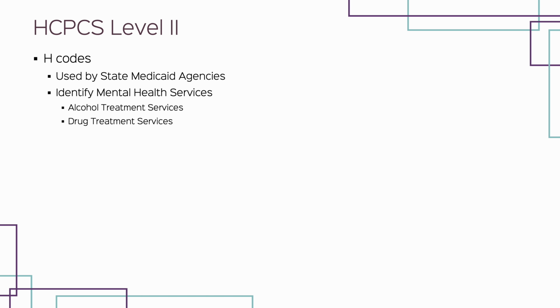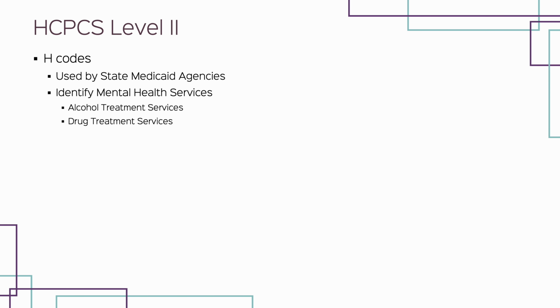Now, let's take a look at your H codes within the HCPCS Level II code set. H codes are temporary codes that are specifically used by Medicaid programs. These codes are most commonly assigned for mental health services, and these will include alcohol and drug treatment programs.